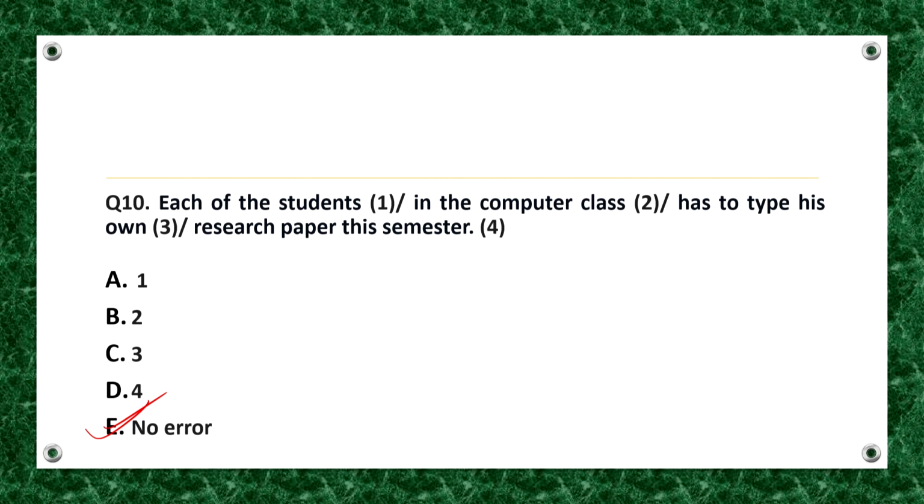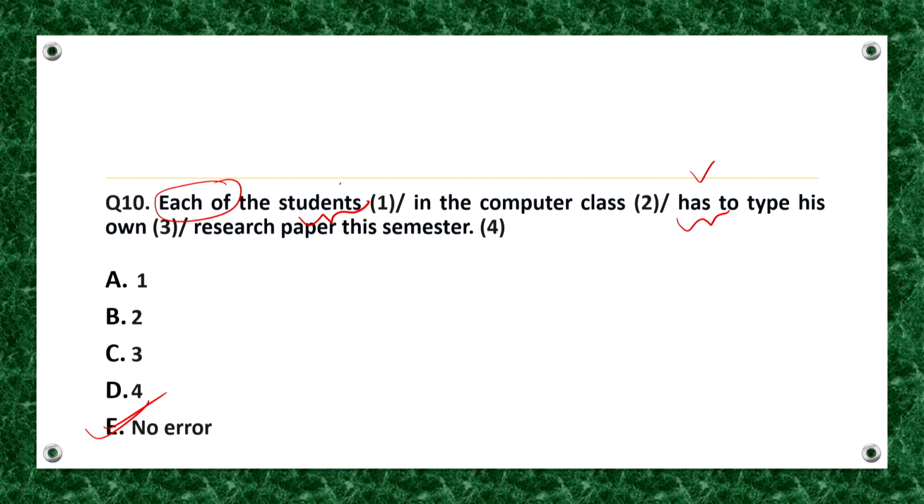So, as you can see here, each of is used. So, according to the rule, either of, neither of, each of and every one of must be followed by a plural noun and a singular verb. So, as you can see in the given sentence, students is our noun and has is our verb.